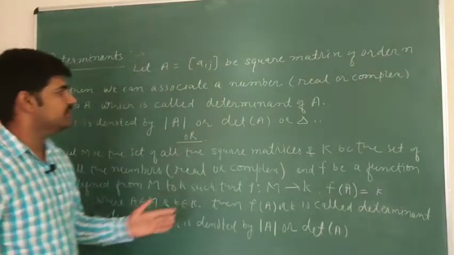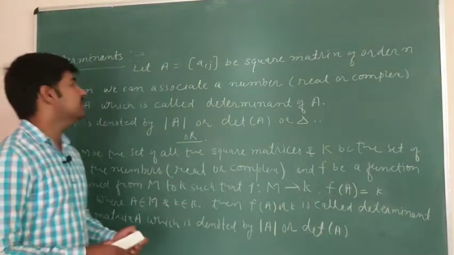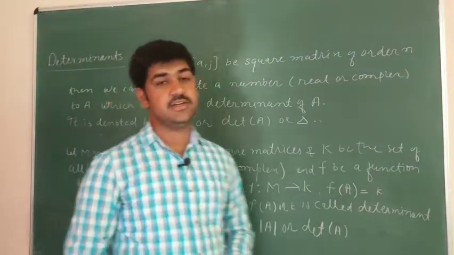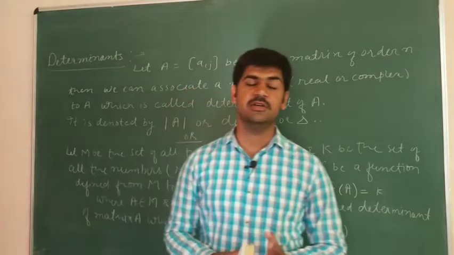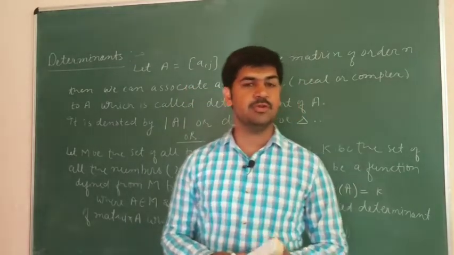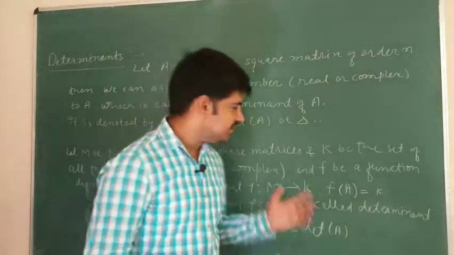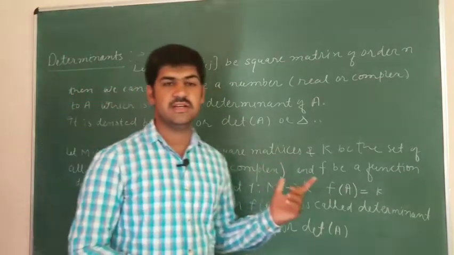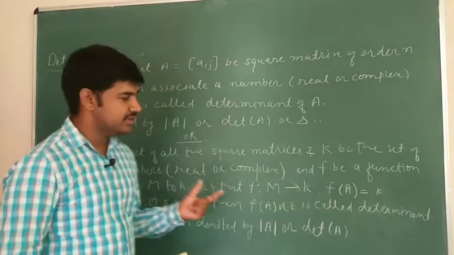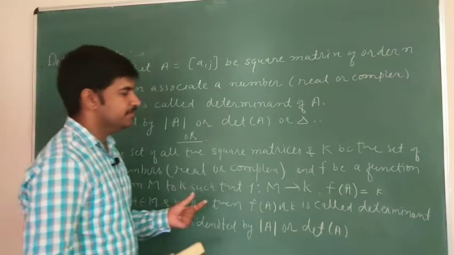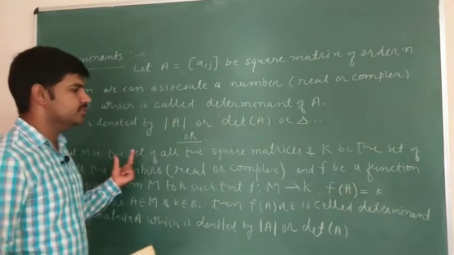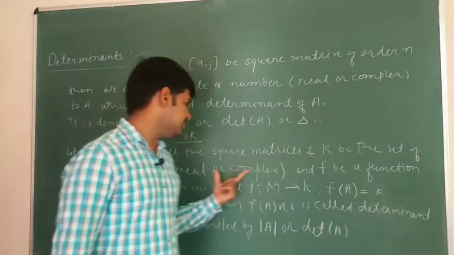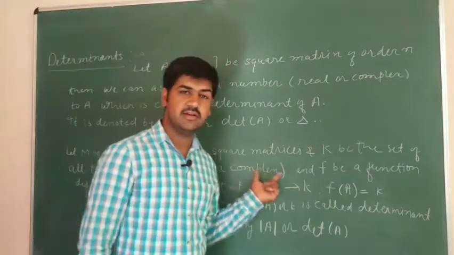So I am sure you have understood both of the definitions of the determinants. Generally speaking, a determinant is a number associated to a square matrix. Or in terms of function, we can say a determinant is the range of a function which is defined from the set of all of the square matrices to the set of all of the numbers, in which both real and complex numbers are included.